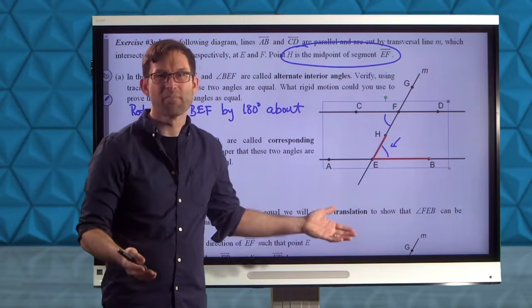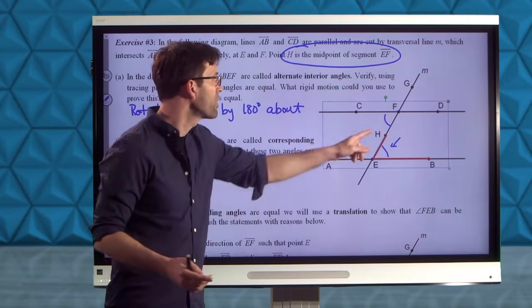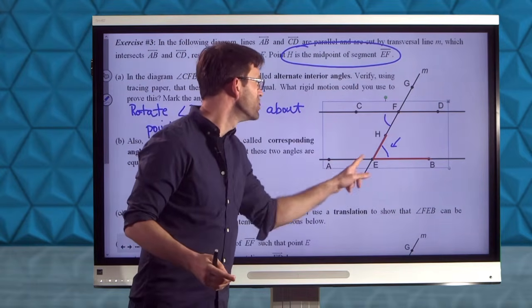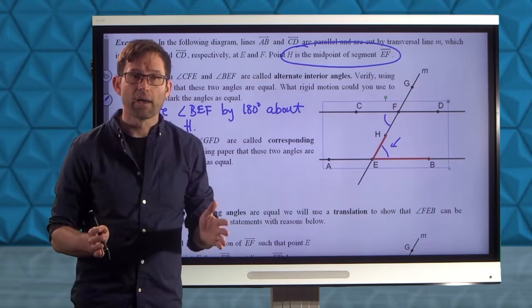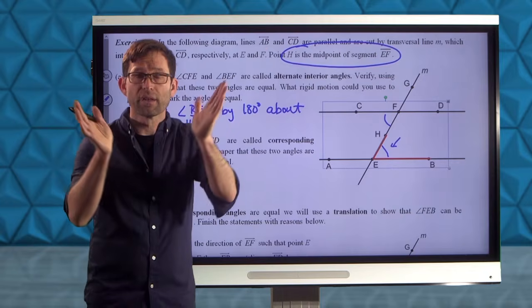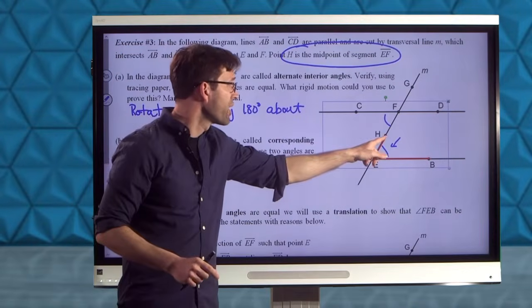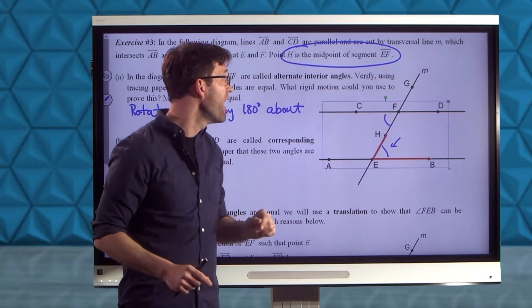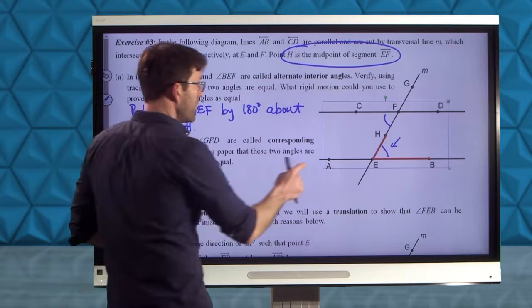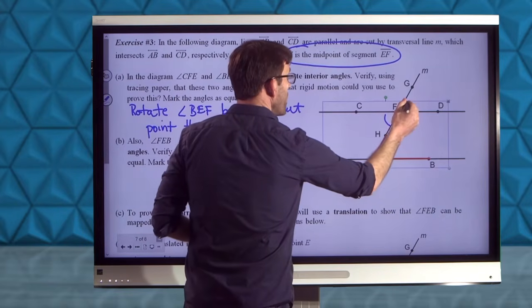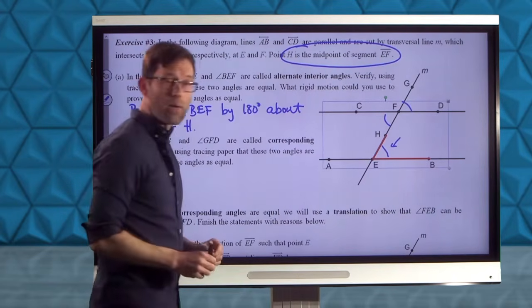Well, quite frankly, it doesn't matter. Do you know what I mean? Whether I call it FEB, GEB, or HEB, it's the same angle, because we're talking about rays that extend forever. It doesn't really matter as long as I've got a point on this ray and F is a point on that ray. But I want to now see whether or not that angle is congruent to that one.